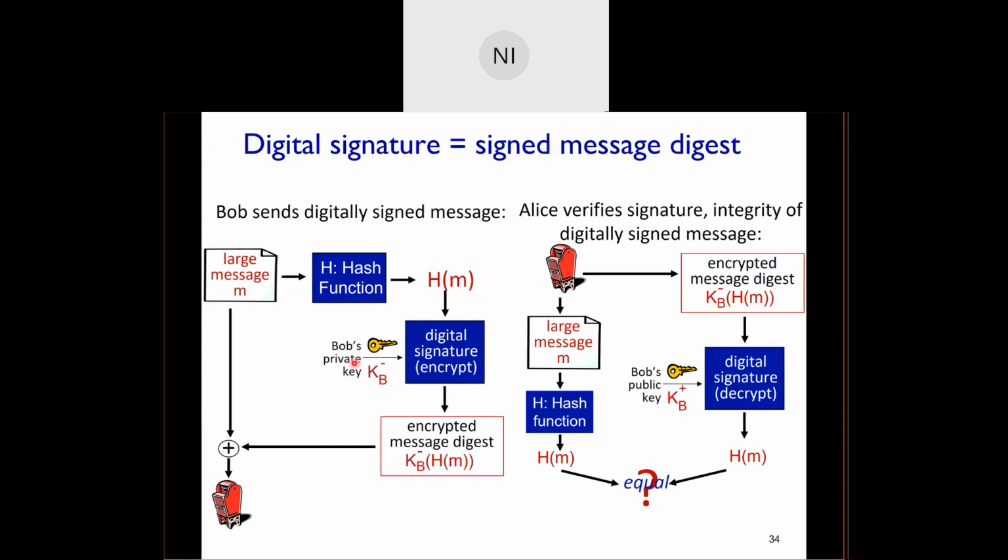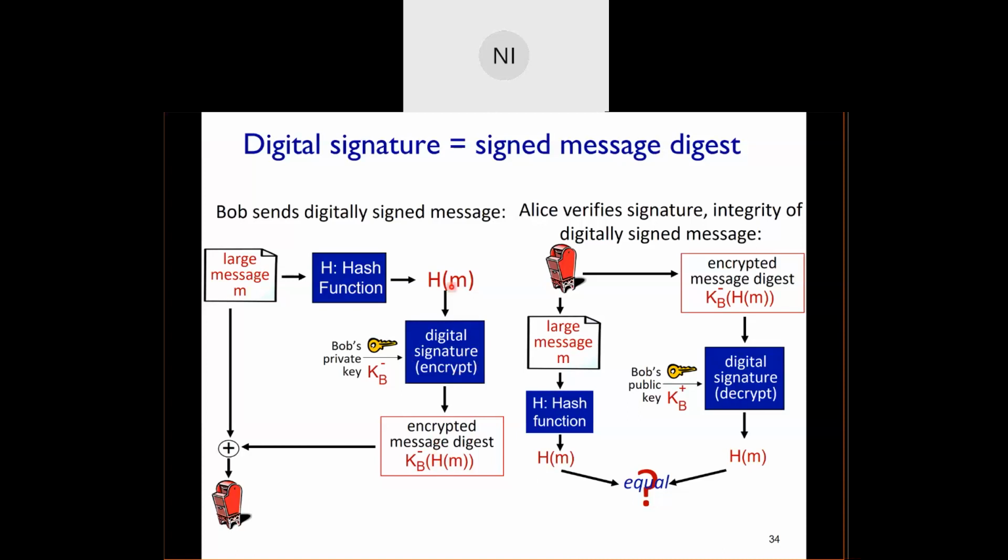Then what Bob does is he takes his private key along with this hashed value and encrypts using the public key cryptographic algorithm. And here we are not talking about a large message. It is of size 512 bits or 256 bits. So it is not that computationally intensive to generate the encrypted version of the digest.